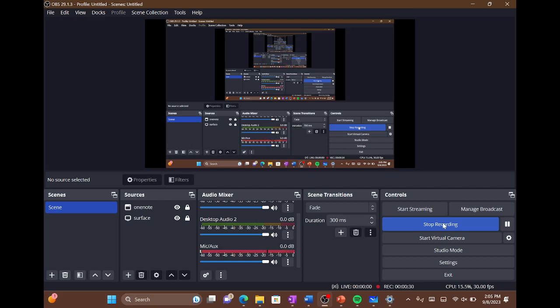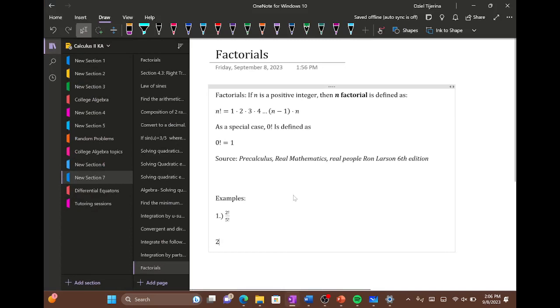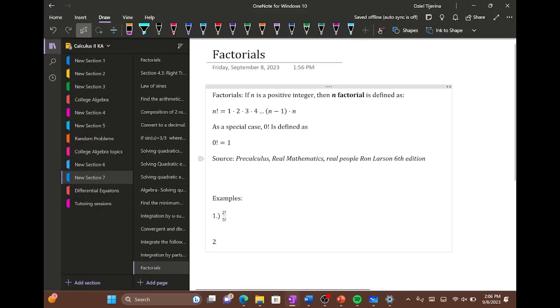If you've never learned about factorials before, this is kind of a prerequisite to the idea of sequences and series. So I just want to go over some terminology and some examples of how to evaluate and how to simplify expressions where we are doing factorials.